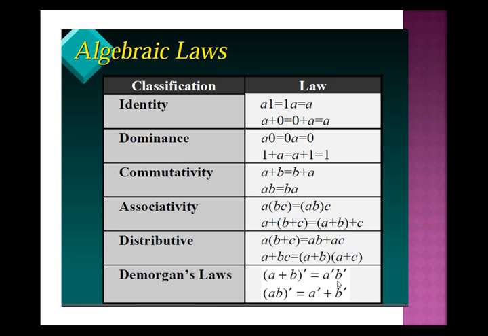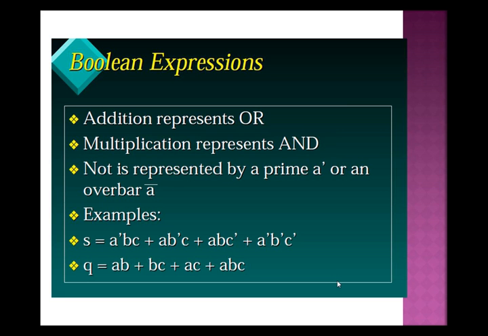Whenever we use De Morgan's law, the addition, that is the OR operation, is converted into the AND operation, and the AND operation is converted into the OR operation. That is De Morgan's theorem, or De Morgan's law.